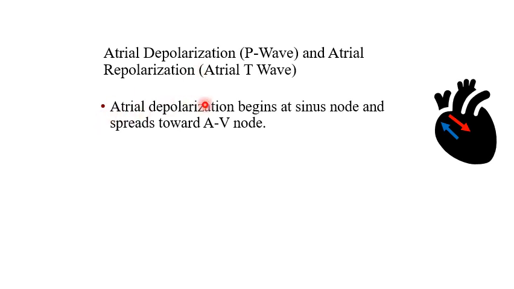So atrial depolarization starts at the sinus node, as we discussed earlier, and then spreads toward the AV node.